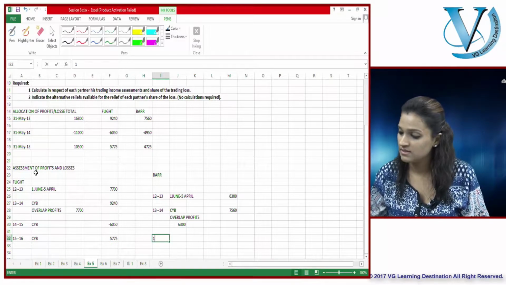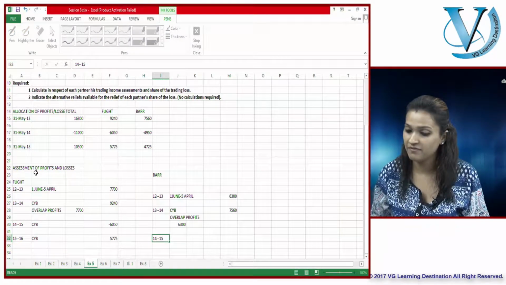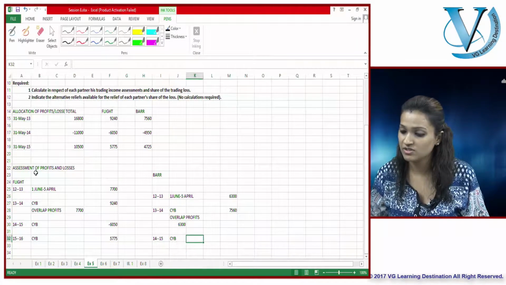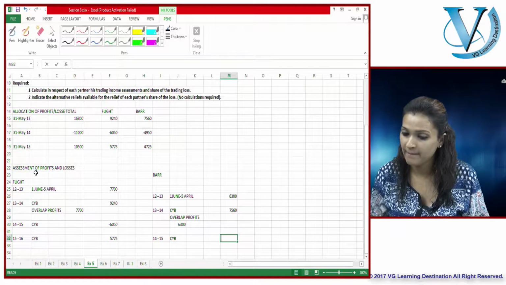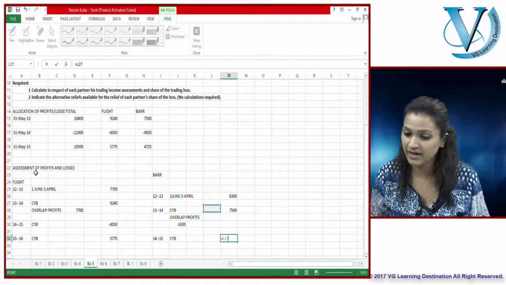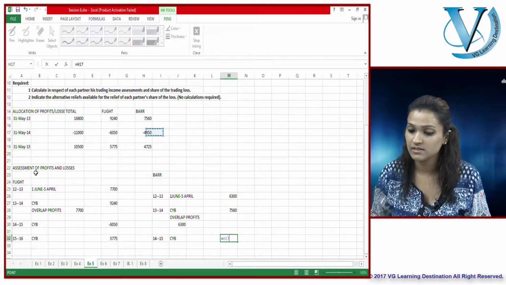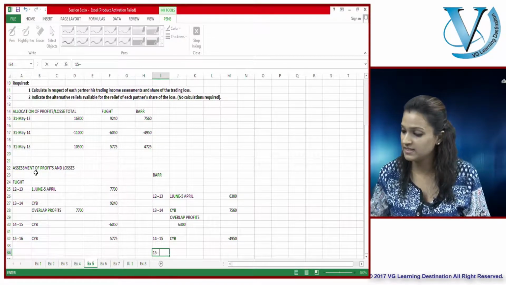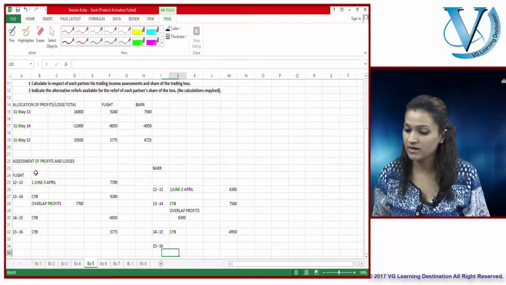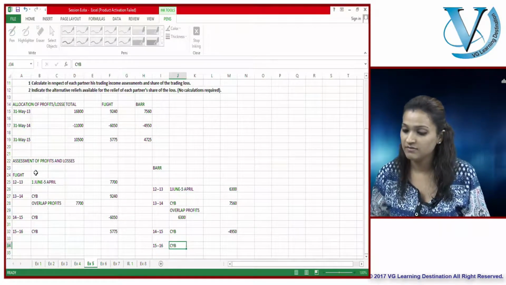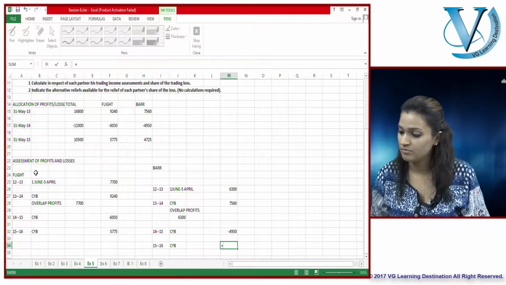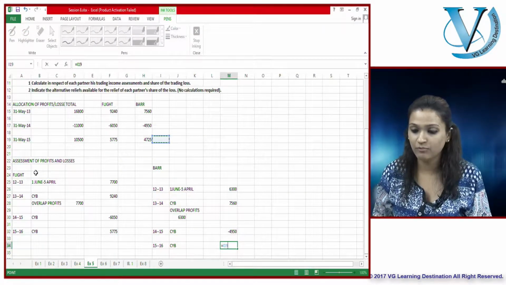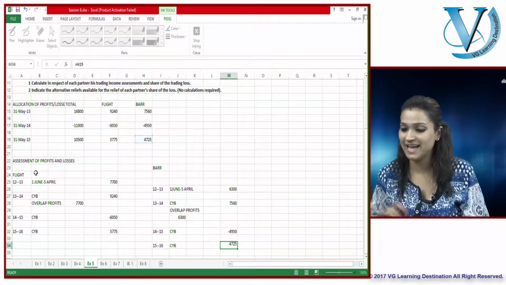Up next, 14, 15, what do we have? We have our current year basis, which is equals to, this year we've made a loss. Up next, 15, 16, we are already on our current year basis. We've made a profit of, the entire profit of 4,725 gets taxed here.